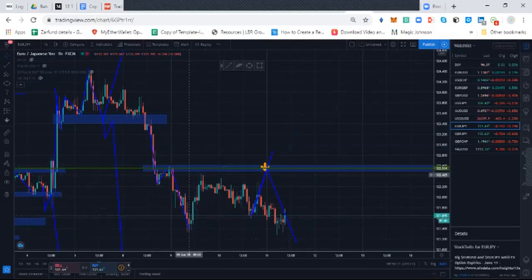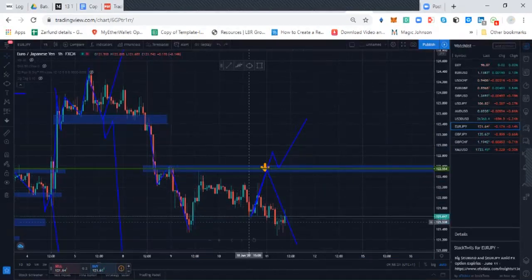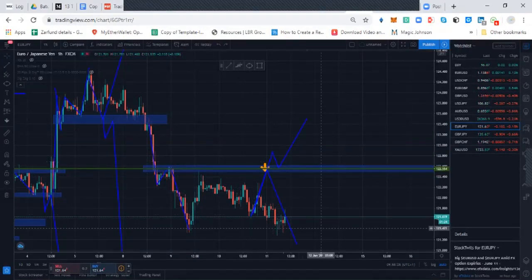This is a previous structure, I think we looked at this last night. What we anticipated was that when price comes all the way to this zone right here, then it will drop from there.